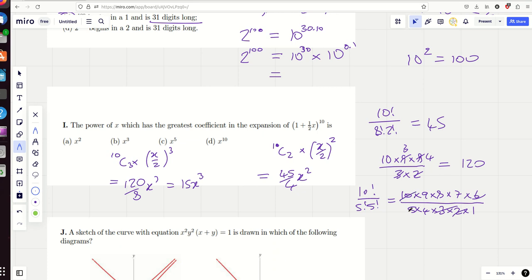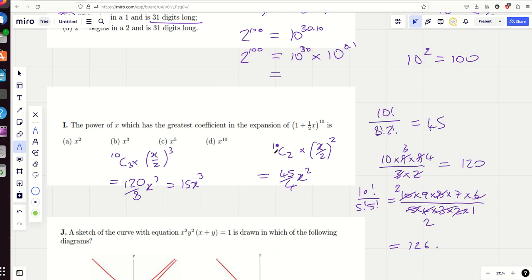What else can we cancel out? 10 and 5 is 2. 8 and 4 is 2. I'm trying to cancel the ones on the bottom. So I've got 18 times 7. What is 18 times 7? 70 plus 56, 126. So you've got 126 there.